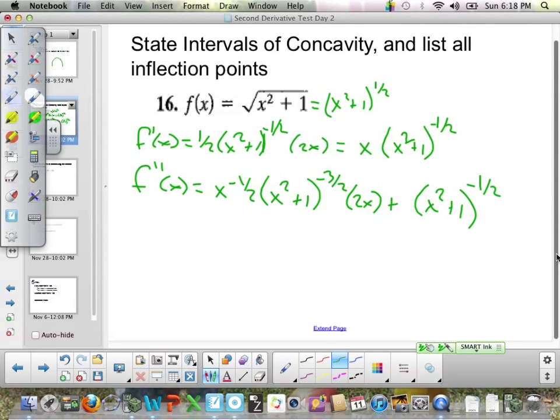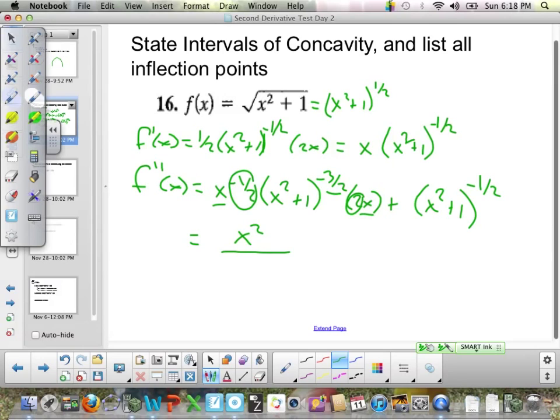All right, we'll clean this up. Well, the more you clean it up, the easier it makes the second portion. Here, the negative 1/2 and the 2 can be multiplied to negative 1. x times x is x squared. So we've got x squared over. This is negative 3/2 as a power.